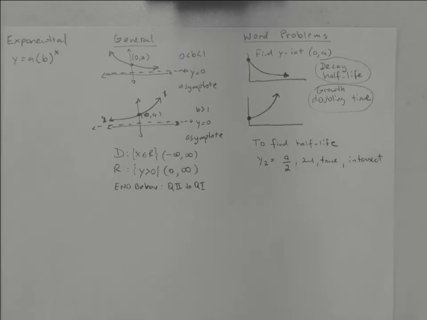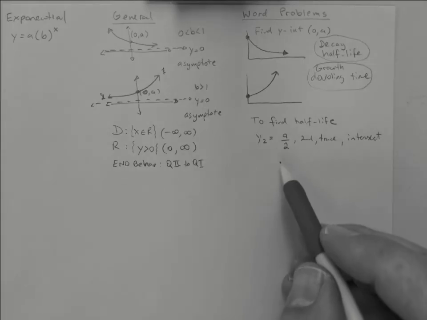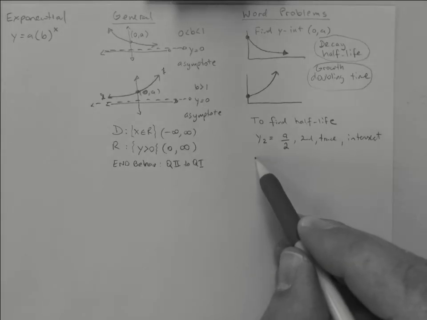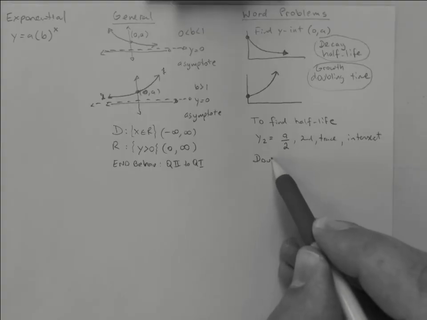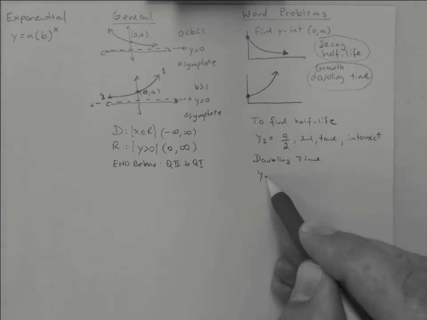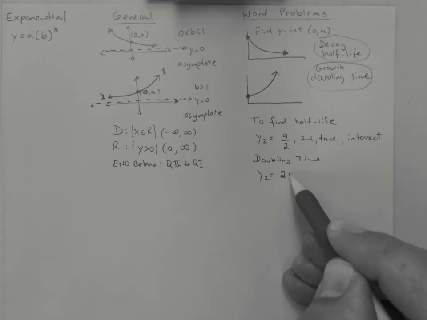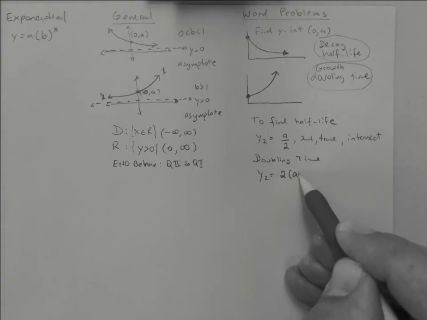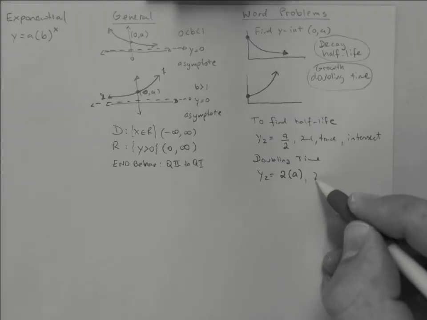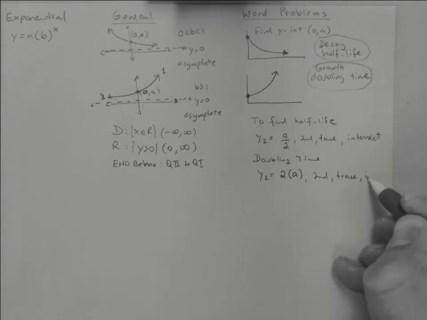I don't know how detailed to make this. Doubling time. Y2 is also, you're going to go 2 times A. And then second trace intersect.